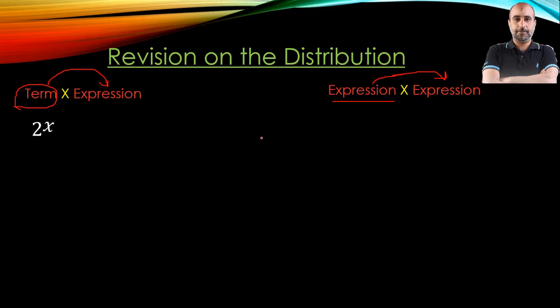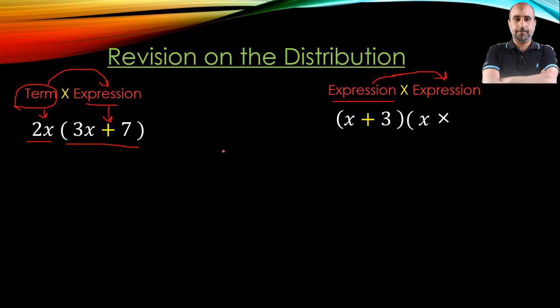For example, 2x is a term and 3x plus 7 is an expression. x plus 3 is an expression and x plus 9 is another expression. How can I distribute in the first case?